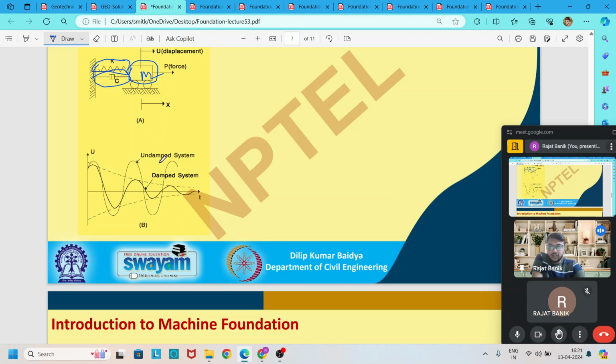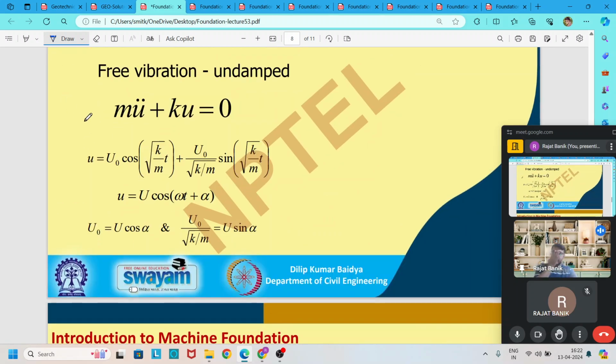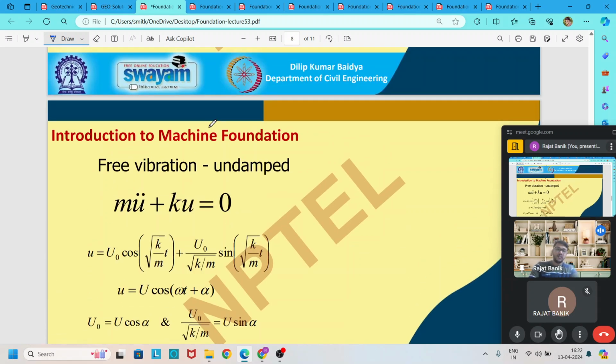We already said that in an undamped system the vibration continues if there is no external arrangement, and in a damped system after a certain period of time the vibration vanishes. Now we represent these different types of vibration systems by mathematical equations.